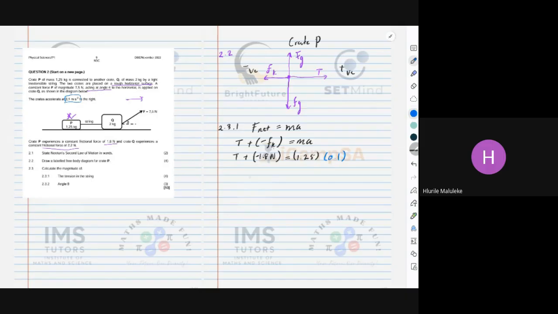And then your T is equal to 1.25 times 0.1, and then plus, because you take this to the other side, 1.8, right? T is equal to. So what would be the answer? Please punch in your calculator.